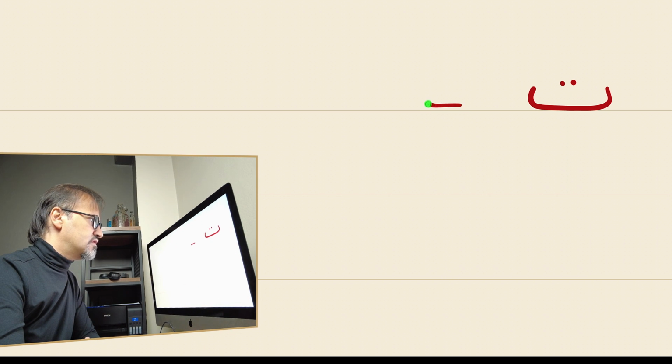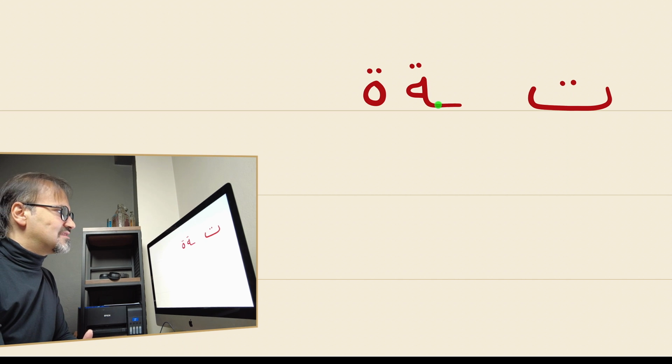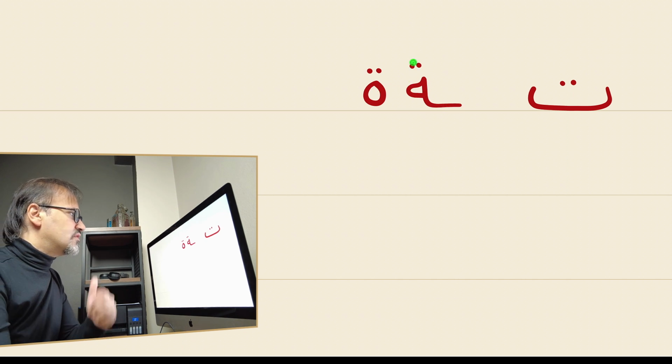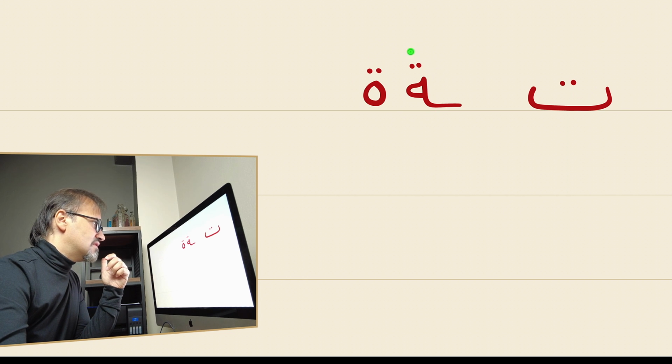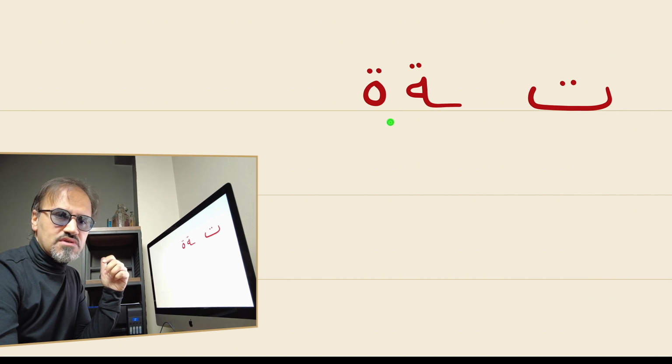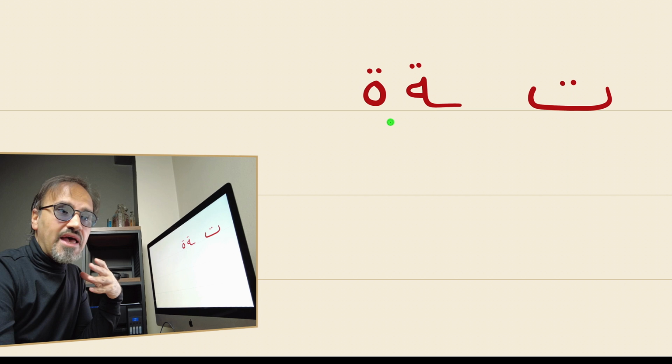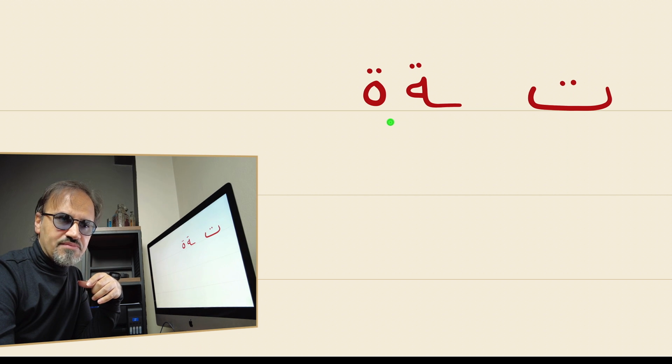So you have the word, and it comes like this. Or it can come like this. Okay? This is called the connected T. Okay? Now, the function of this in many Arabic words is to add an e towards the end.